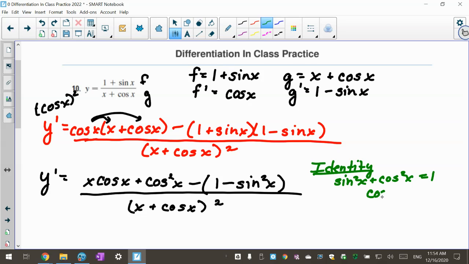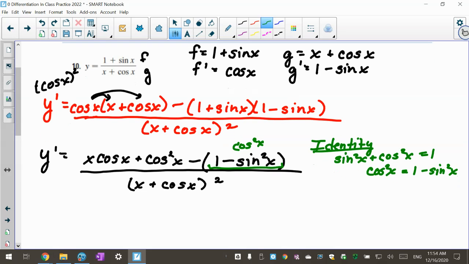If I did, that would be cosine squared x equals 1 minus sine squared x. So I can actually replace this whole thing right here with cosine squared x because that's what it equals. And I just wanted you to see that. It makes it so much nicer and simplifies this.